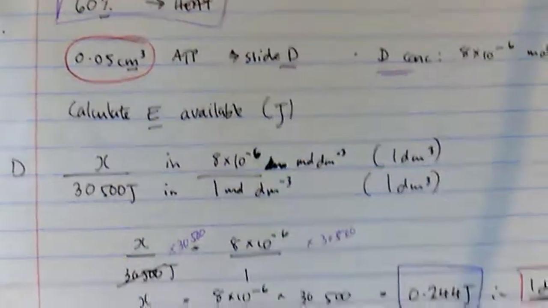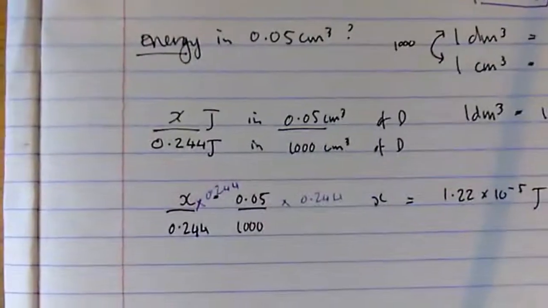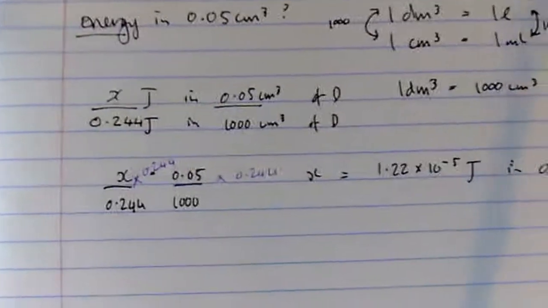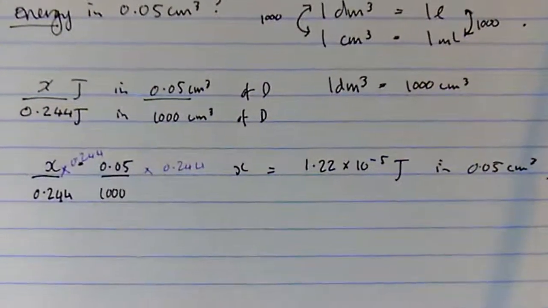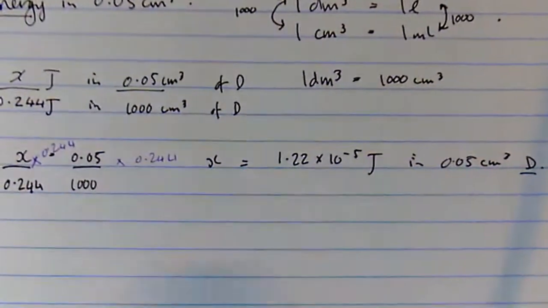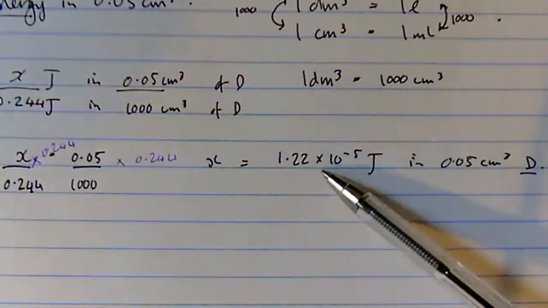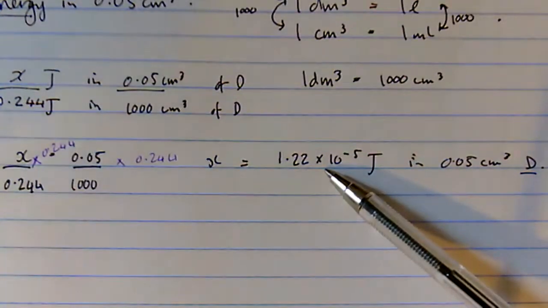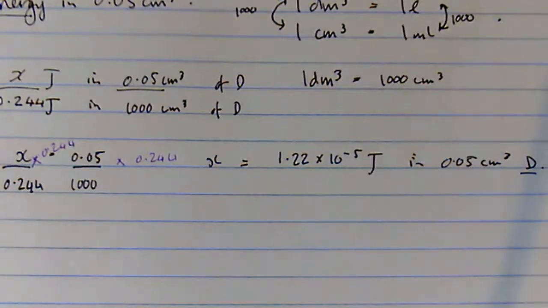So if we have got 1.22 times 10 to the minus 5 joules of energy, 60% of that is lost as heat.